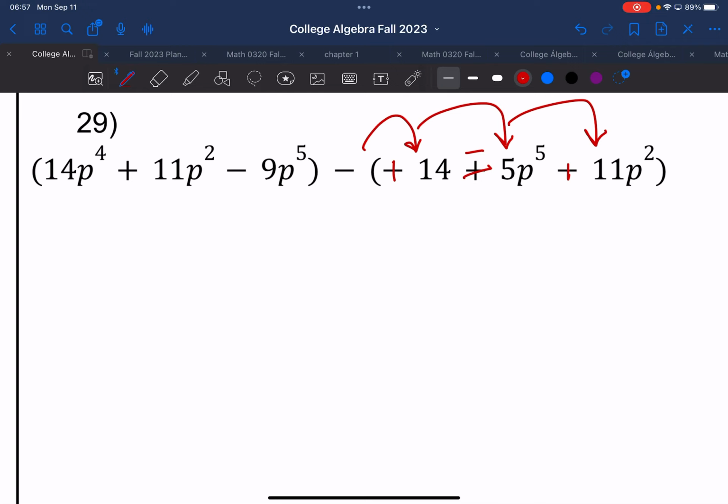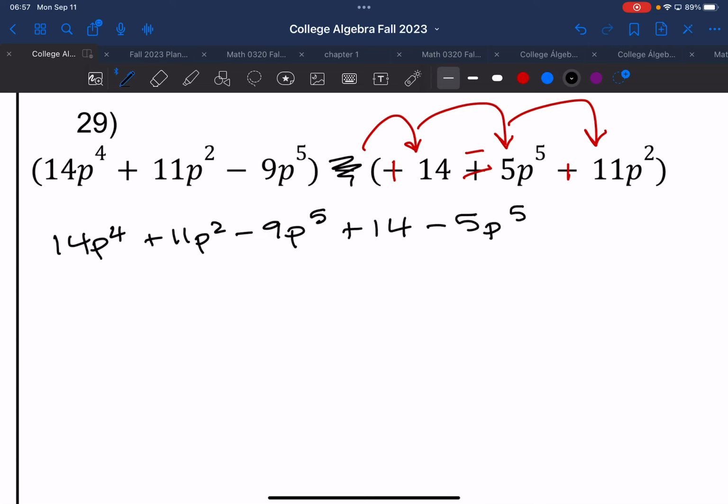No. So we have 14p to the fourth plus 11p squared minus 9p to the fifth. We're ignoring this because we already distributed it. And then this is now a positive 14, a negative 5p to the fifth, and a positive 11p squared. So all I did was change the signs after the parentheses right here, and then dropped all parentheses from the problem. Okay.